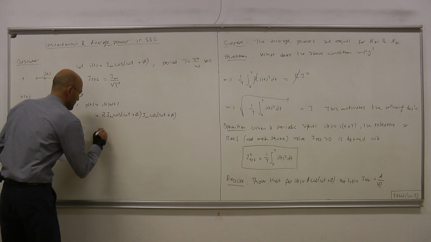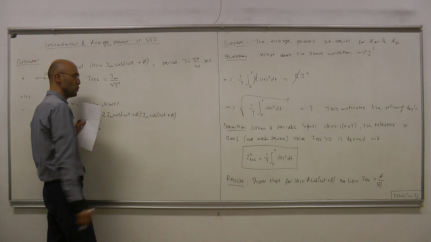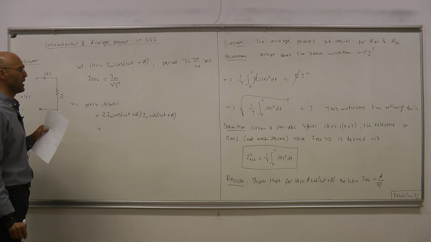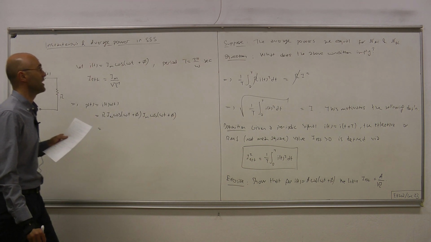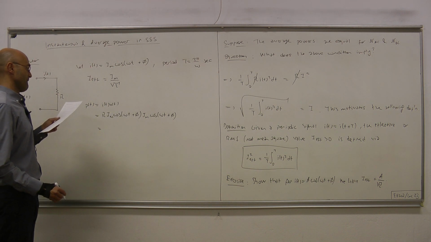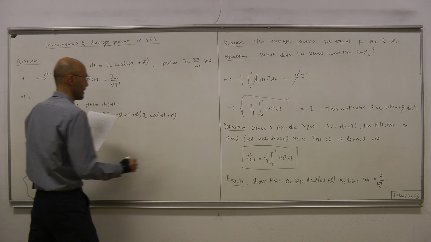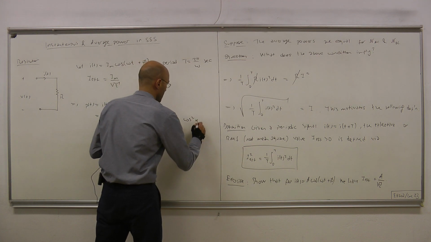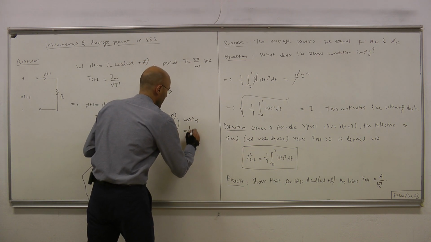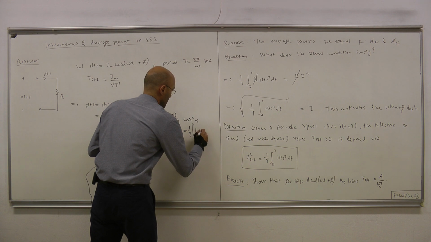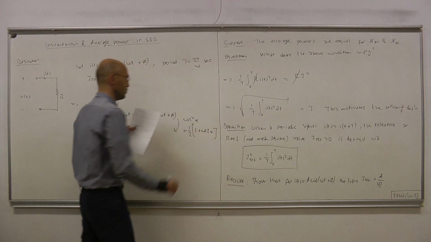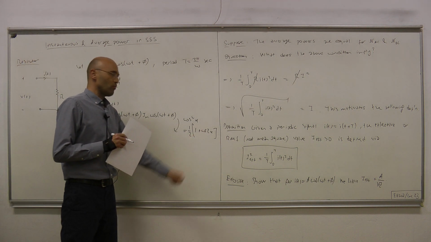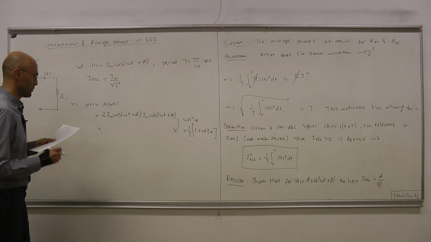And now that can be written as, here we have two cosines multiplying one another, and using the trigonometric identity, which is cosine square alpha can be written as 1/2 (1 plus cosine 2 alpha). Okay, this can be written as a constant term plus a sinusoidal term.